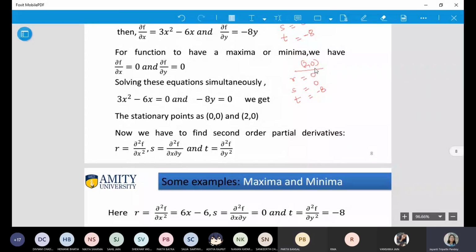Right? R is 6x. So when we put x as 2, it is 12, and s will be 0 and t will be minus 8. So r square minus st is 12 square, which is positive.